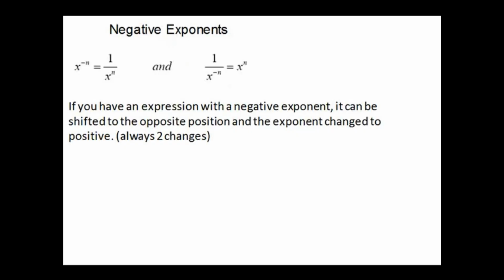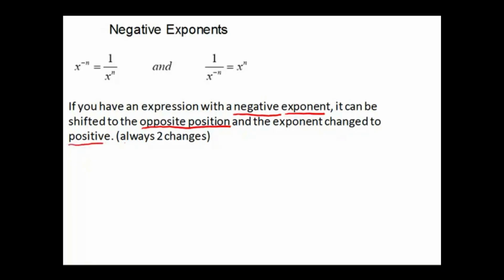In general, we want to write expressions with positive exponents, with the exception of scientific notation. So if we have an expression with a negative exponent, notice the word negative and exponent. It can be shifted to the opposite position and the exponent changed to positive.